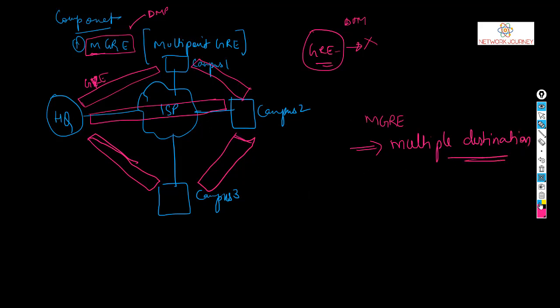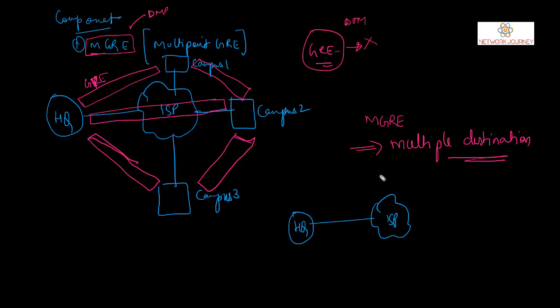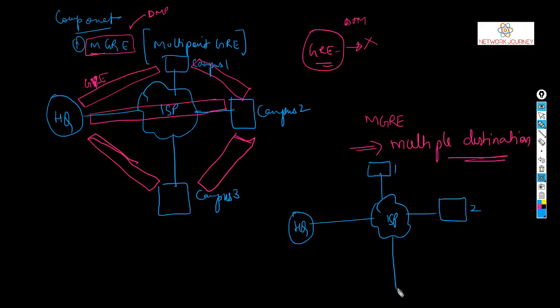If I draw the same diagram now, I have HQ connecting to ISP, and from ISP I have campus 1, campus 2, campus 3. In the case of multiple destination, let's say this is my server.